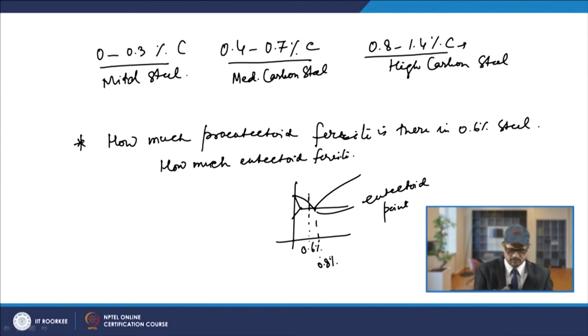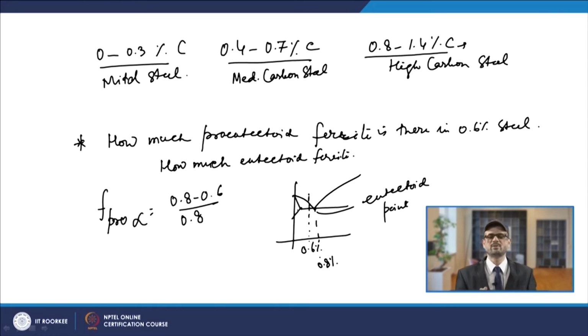The amount of pro-eutectoid ferrite will be 0.8 minus 0.6 divided by 0.8, taking the small value as negligible. So, it will be 0.2 upon 0.8, which is 0.25. So, 25% will be the pro-eutectoid ferrite that is formed.